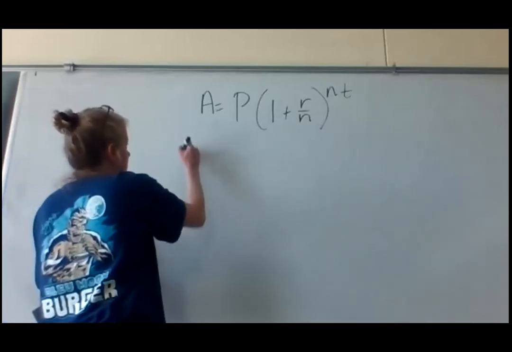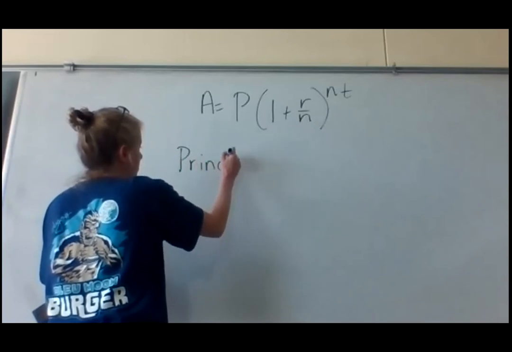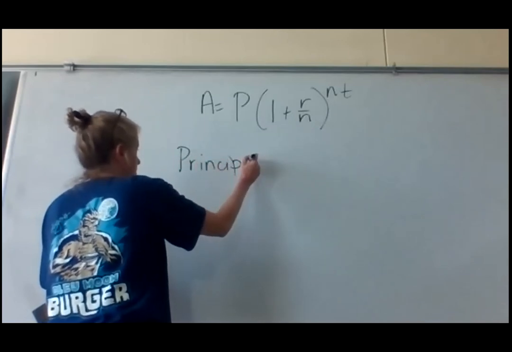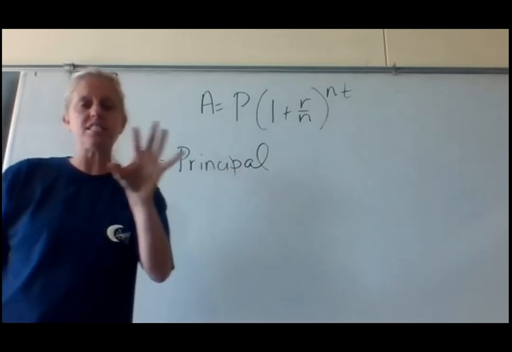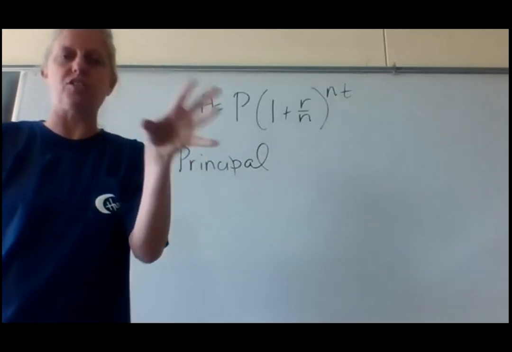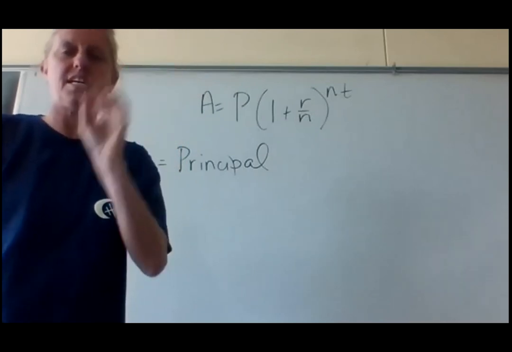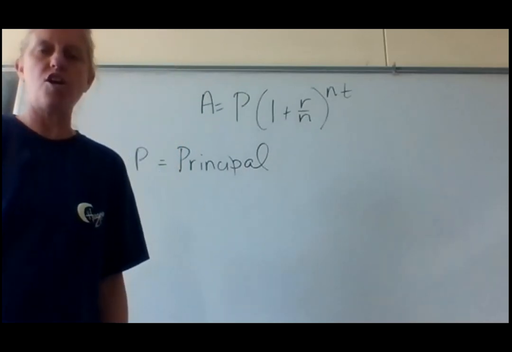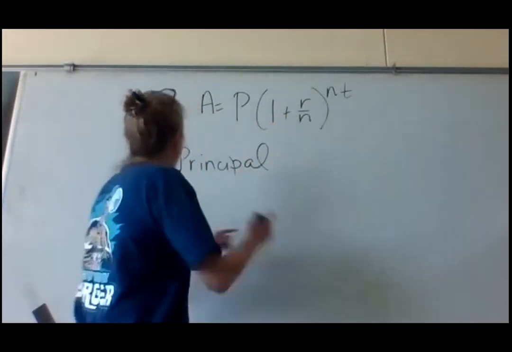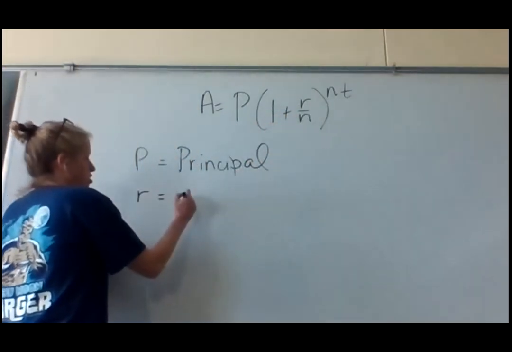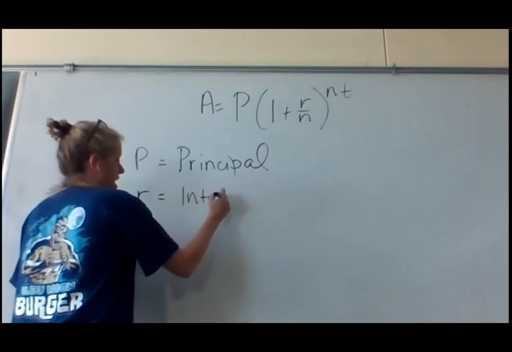The P is going to be the principal. That's the amount that you start with, the amount that you invest initially, your starting amount. Let's see, what other letters do we have? We've got an R, which is going to be your interest rate.